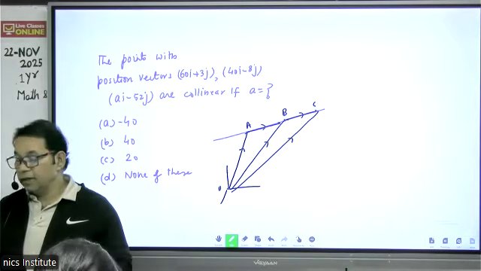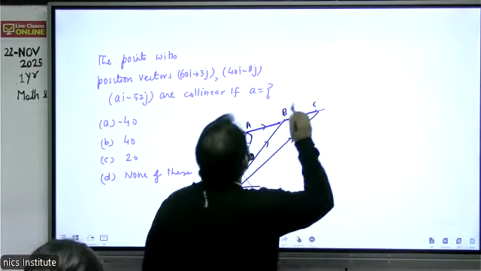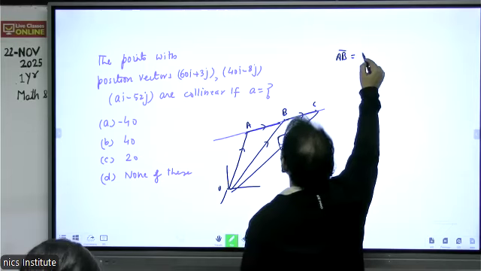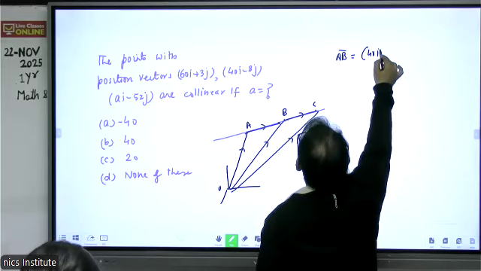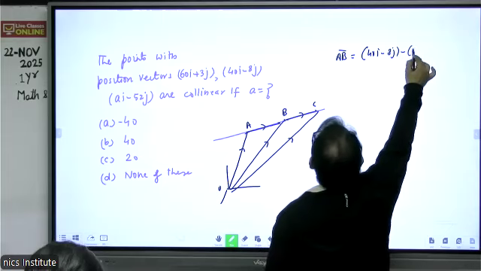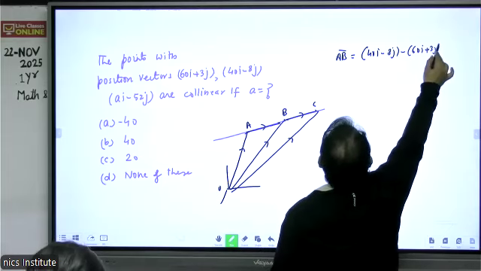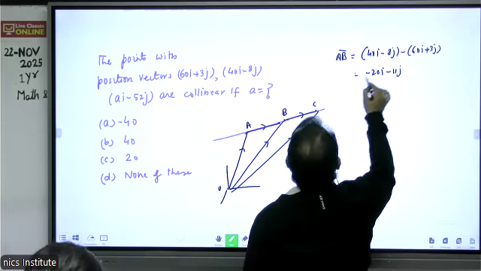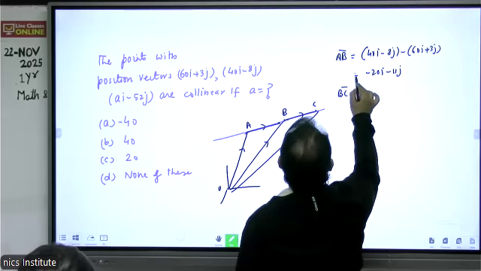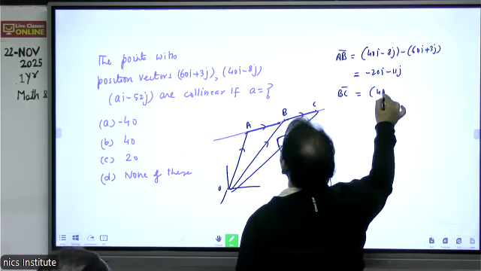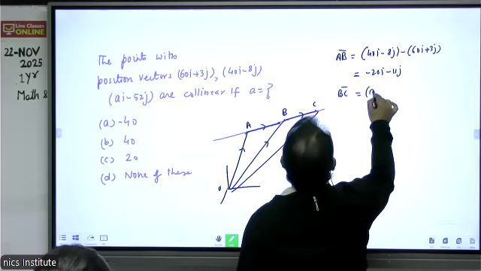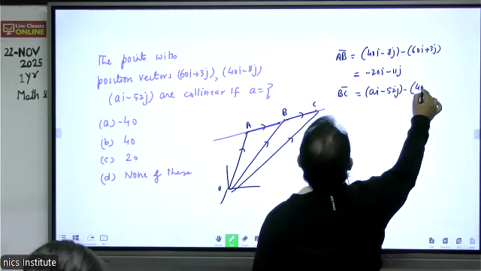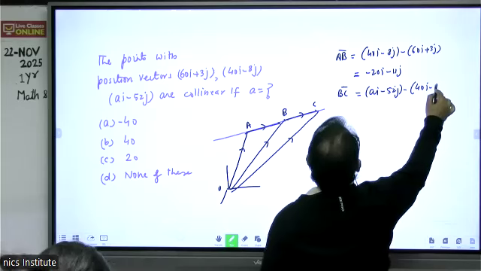Okay, your answer is correct, Ryan. AB vector would be B minus A. 40i minus 8j minus 60i plus 3j. That is minus 20i minus 11j. Then you can find BC vector. BC vector would be 40, no, ai minus 52j minus 40i minus 8j.